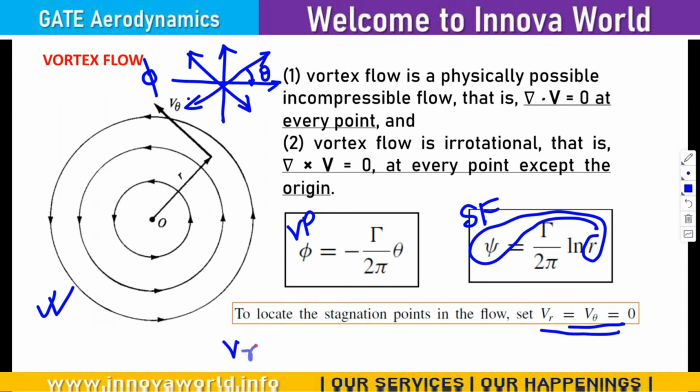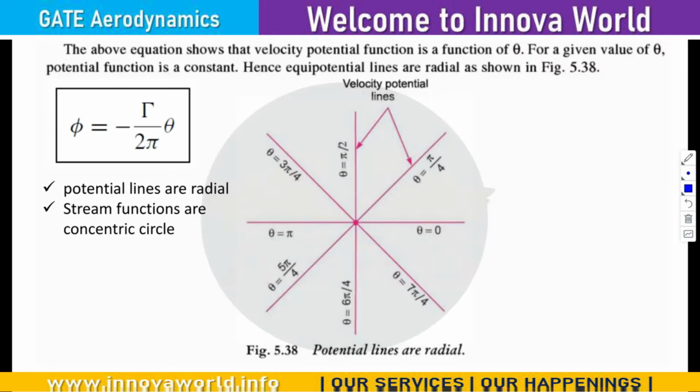Now again, what is VR? I am telling you repeatedly so that this formula will go to your head directly. So V theta equals minus dou phi by dou R. As I've said, this velocity potential has to be in terms of theta.